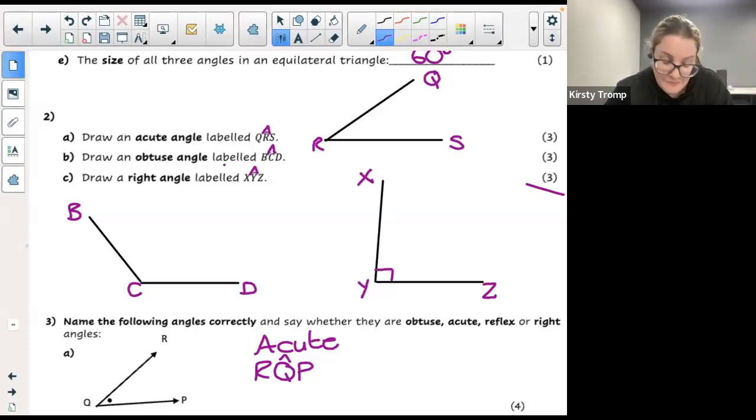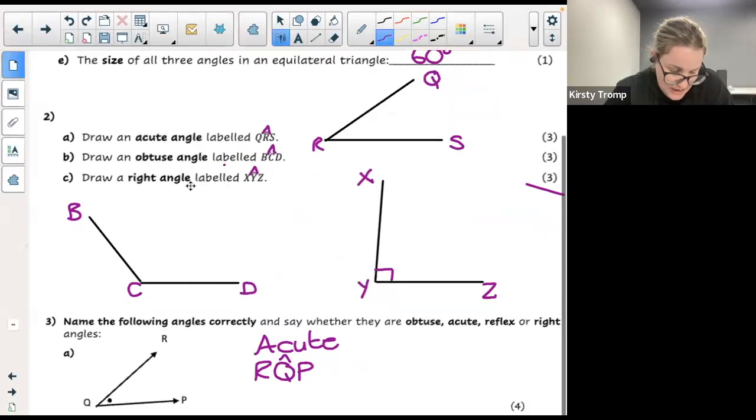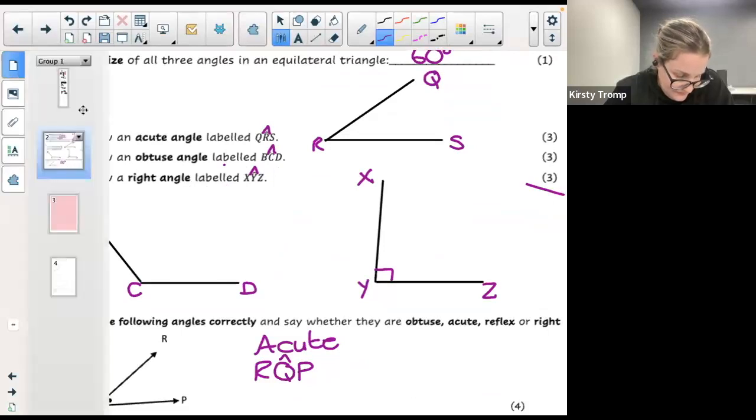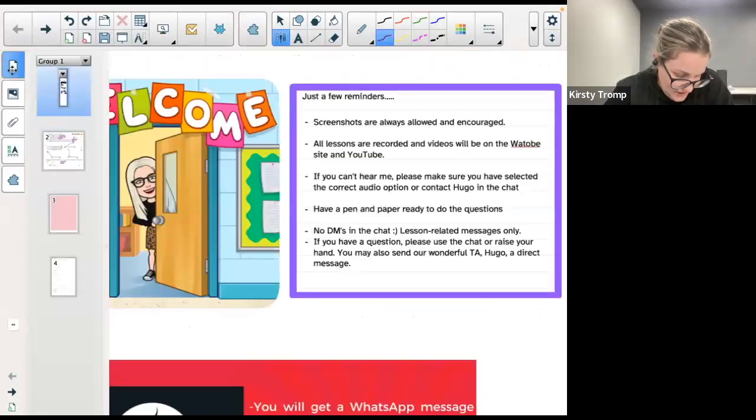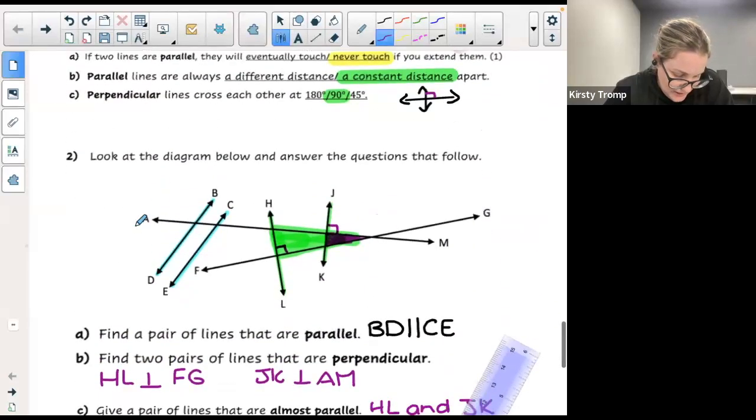Ma'am, may you please go up to the one where we had to make the triangles? Okay, let's go find that one for you. That is this one, hey? Yes. Ma'am, can you do the triangle with FG, HL, and AM?